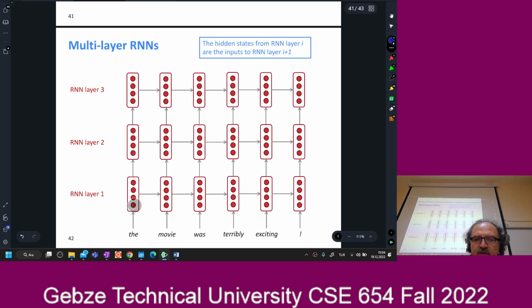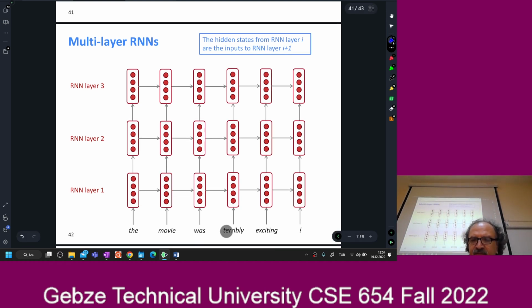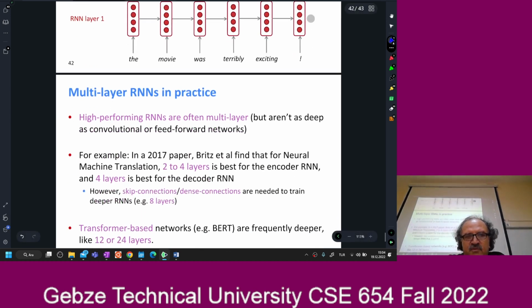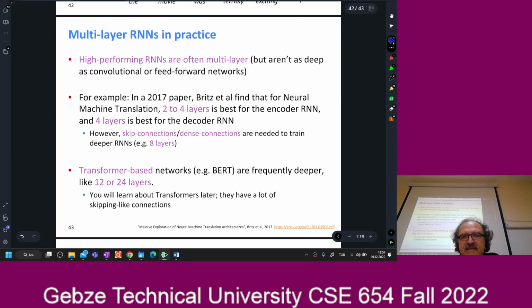So the input to this lower layer is the word itself. The second one is going to be the output of the first layer, second layer, and third layer. Usually 3 or 4 layers are enough for this kind of multi-layer RNNs. And the experiments show that this one works better. Multi-layer RNNs, okay.